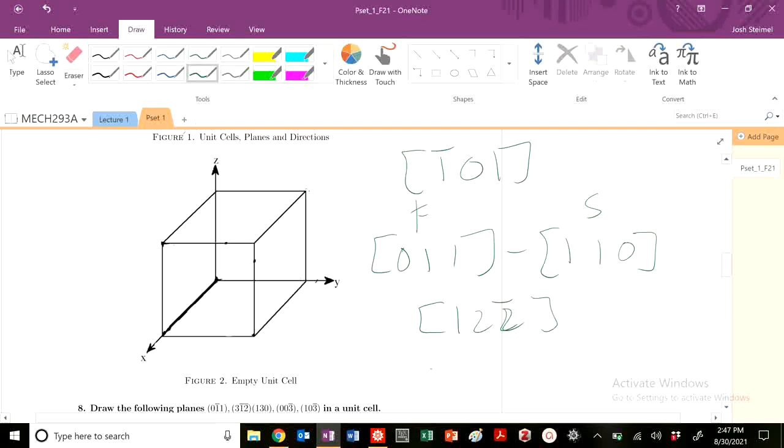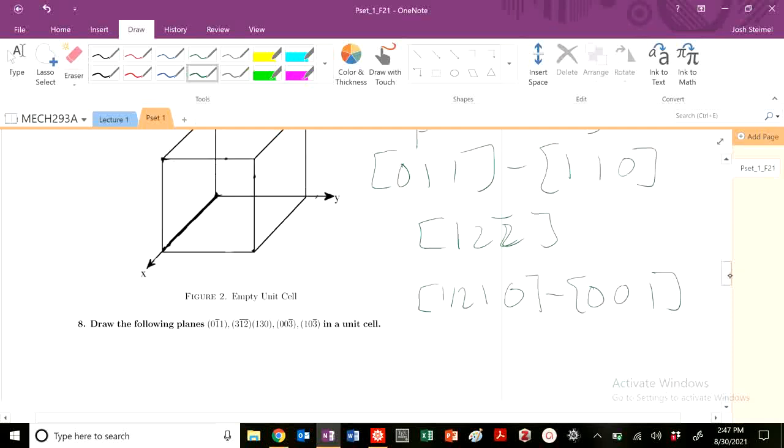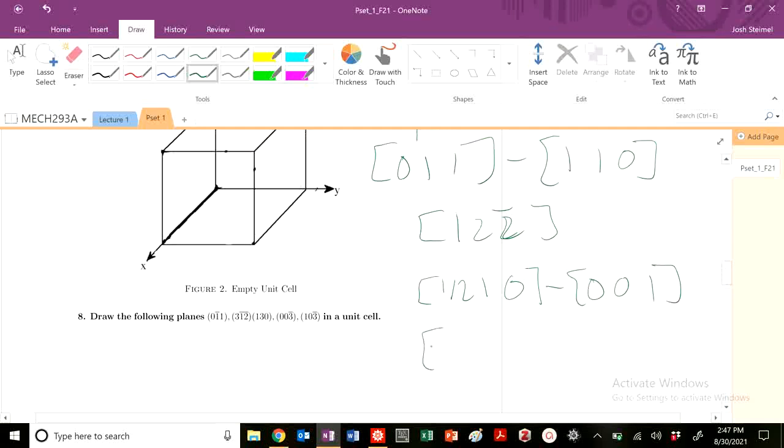Now the 2's are involved, so this is going to be a half times 1, 0, minus my start, 0, 0, 1. That should give me a half, 1, and minus 1.